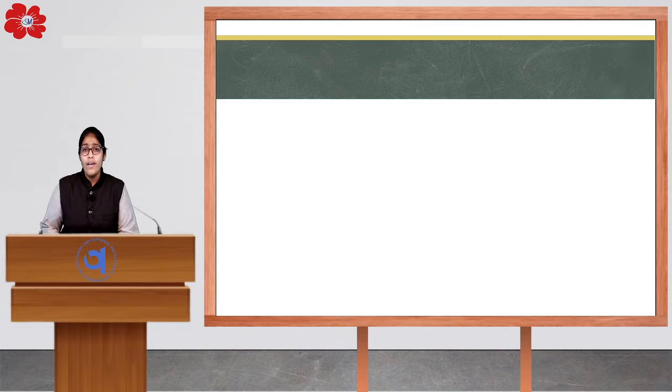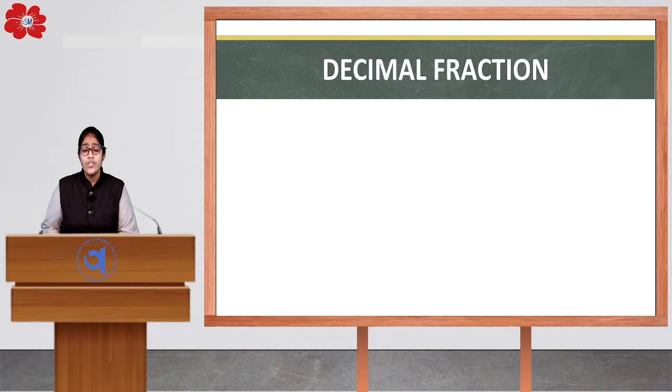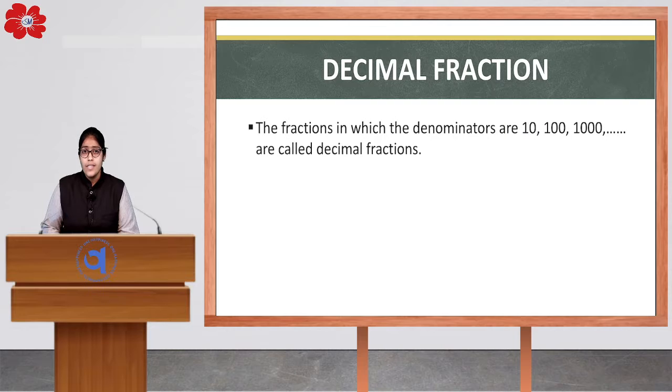Now, you all have studied about fractions. Do you know that decimal numbers actually represent fractions? Any fraction with denominator 10, 100, 1000 and so on is called a decimal fraction. Let us understand this using an example.